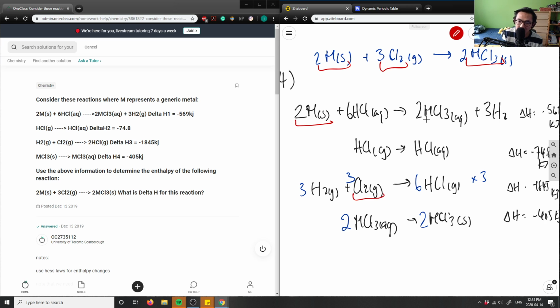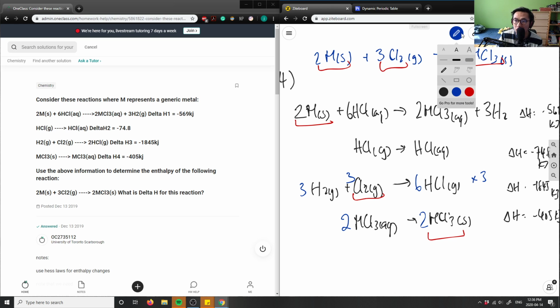I have 3 Cl2 here, and I have 2 MCl3 solids, right? So this is the target equation I need. Actually, the numbers might mess you up here, so I'm not going to write the numbers here.